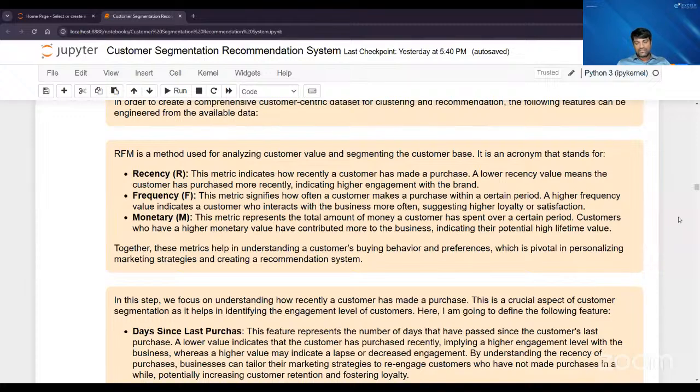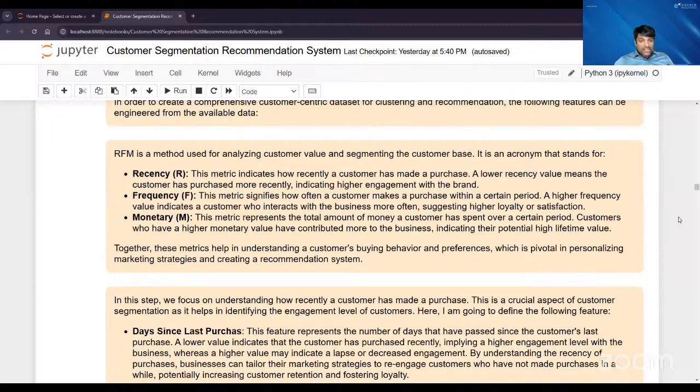So they are loyal customers, and the company can show intent to retain those customers who are very loyal.